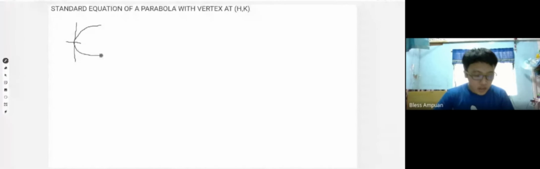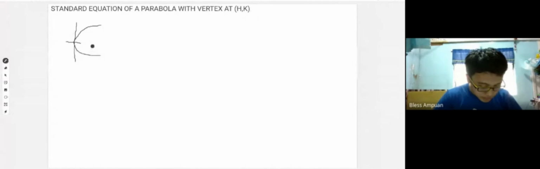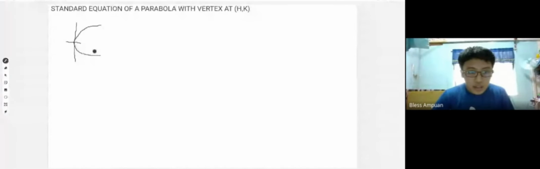So if your equation is like this, its equivalent standard equation is y minus k.